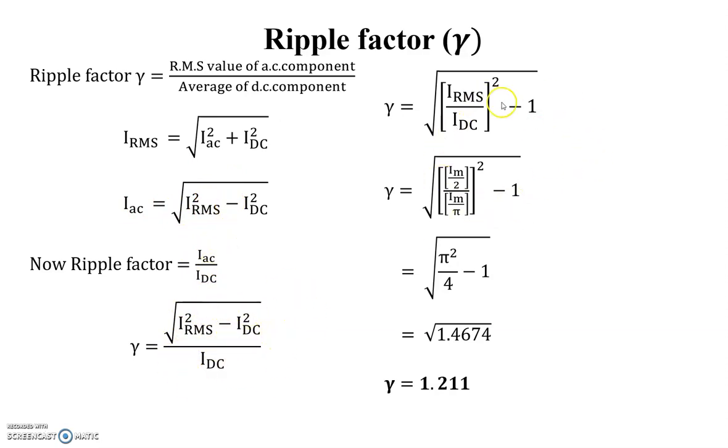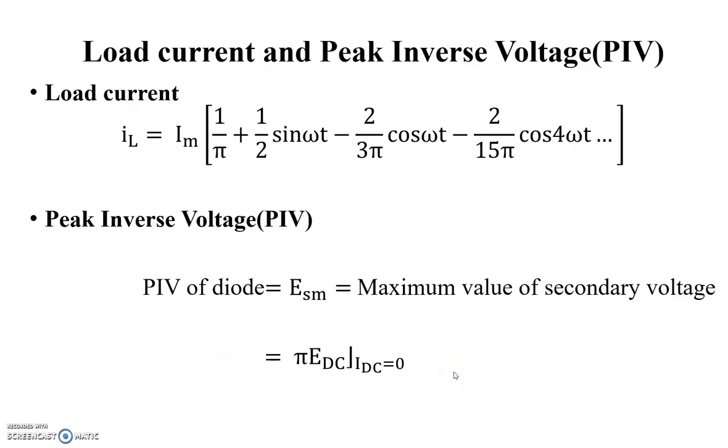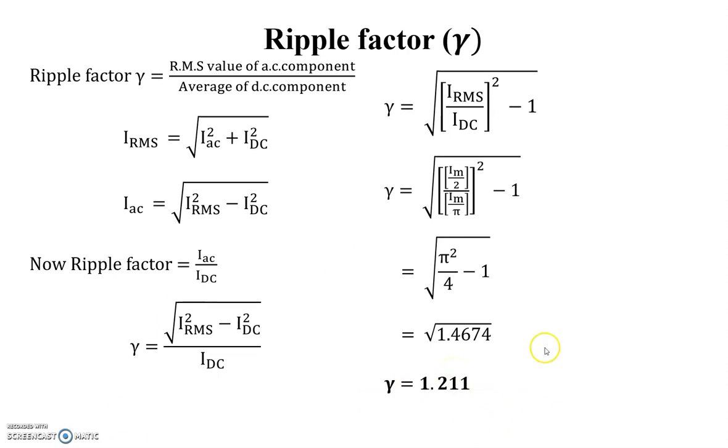Take the common factor and simplify, substitute the IRMS and IDC in terms of Im, and then simplify, and you find the value of ripple factor is 1.211. This is a very high value. That means a large amount of AC component is present in your output.